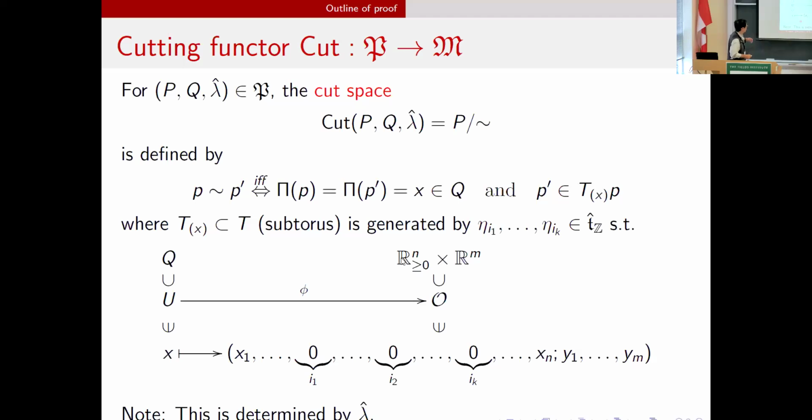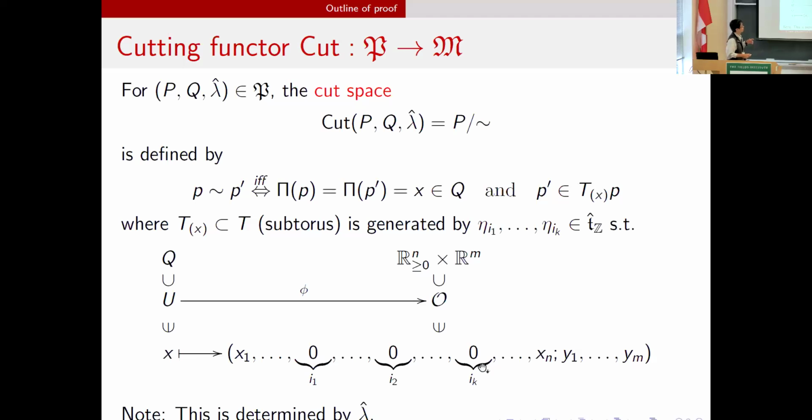So how do we define it? Now we take x from Q, and this is a local coordinate of the manifold with corners, with a diffeomorphism to an open subset of the positive orthant R_{≥0}^k times R^m. We didn't assume x is of depth 1, so we assume there are some k nonzero coordinates for x, denoted by i1, i2, ..., ik.